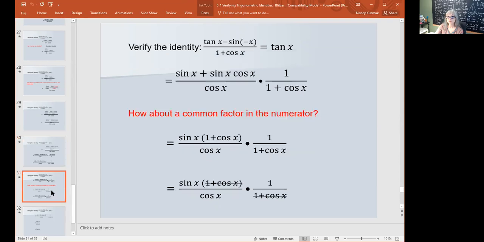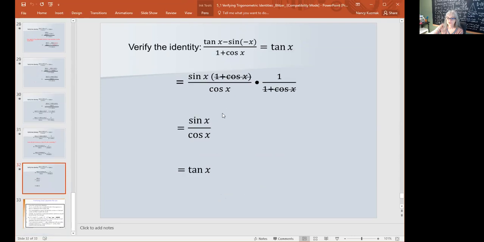So a little bit more algebra, okay? Now when I pull my sine x, I have 1 plus cosine x, 1 plus cosine x. So there's my sine x over cosine x. And now I have sine over cosine, and that was equal to my tangent.